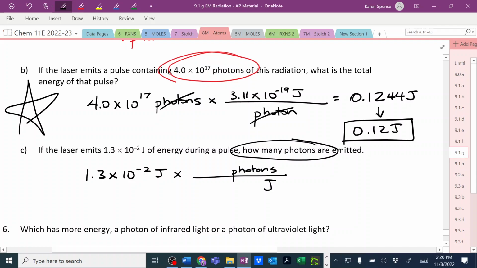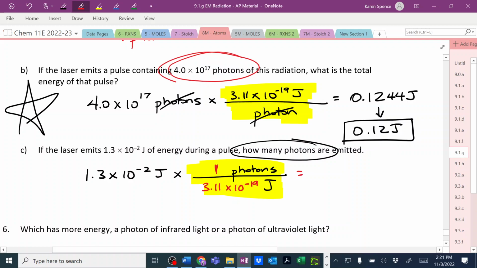Yes, and guess what? We have that, right? We just have to flip it upside down. So there is 3.11 times 10 to the -19 joules per one photon.